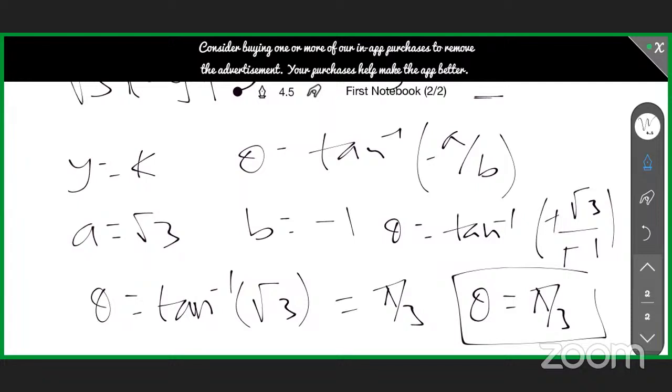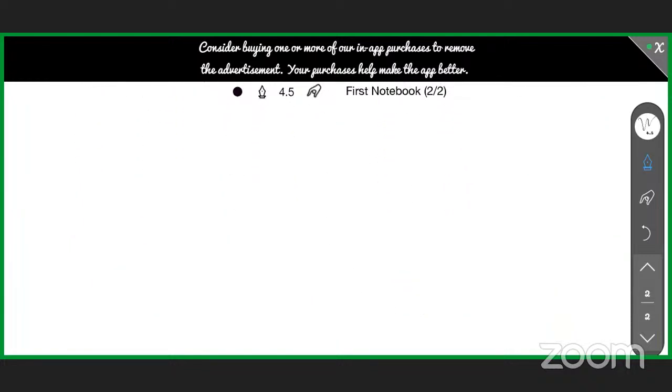The angle of rotation of axis in order to eliminate xy terms in the equation xy is equal to c square.